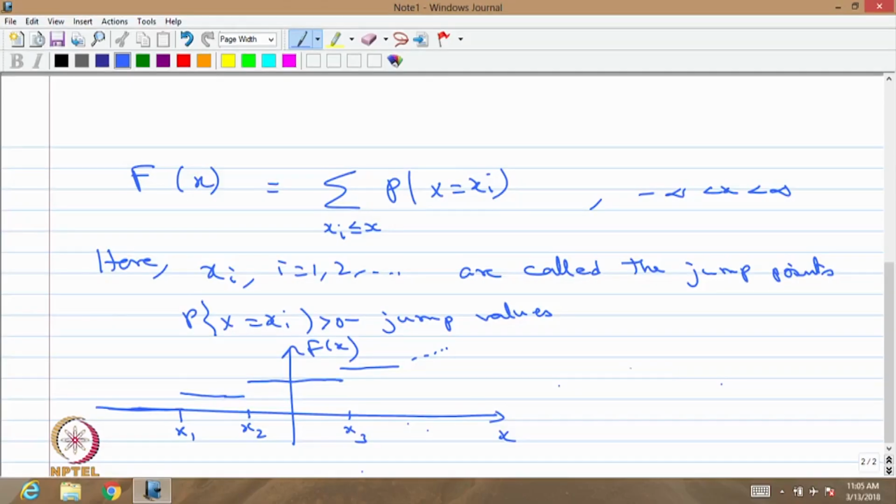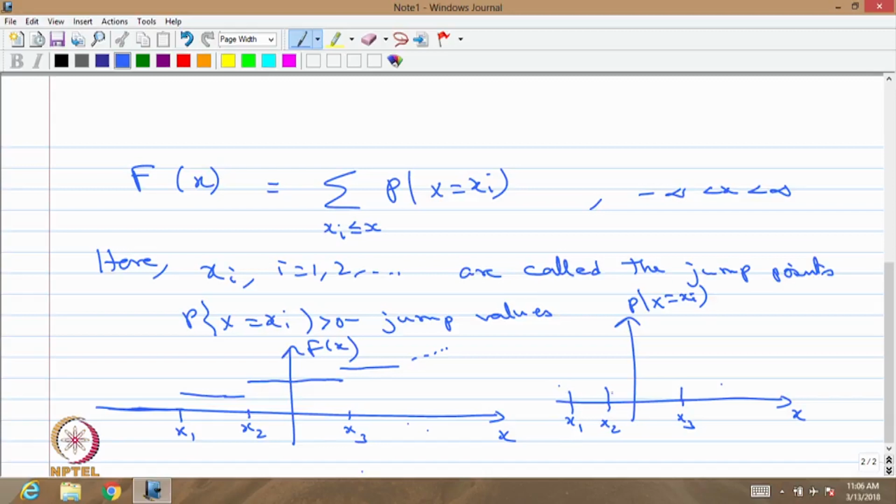I can equivalently draw another diagram for P of x equal to xi. That means at point x1 it has some height, at x2 it has another height, and at x3 it has another height. These heights need not be the same, they can be different values.